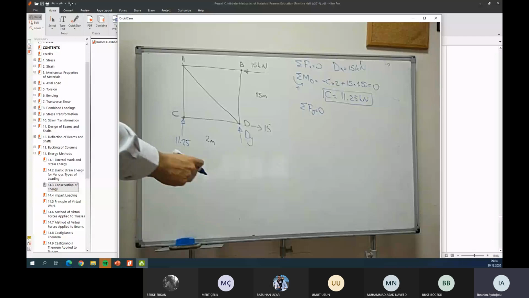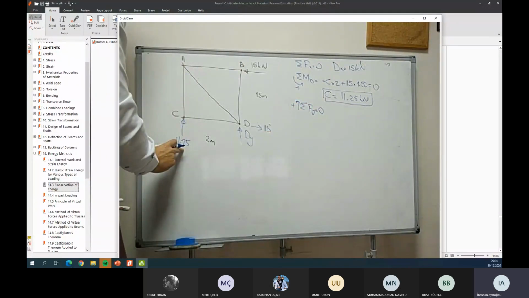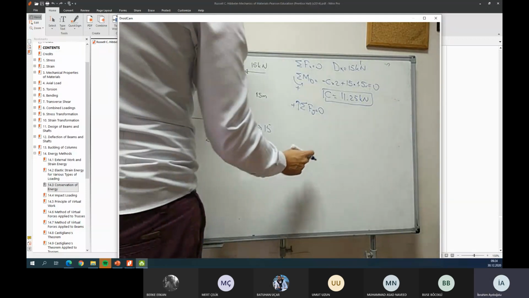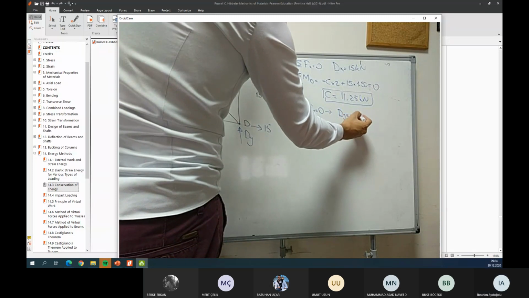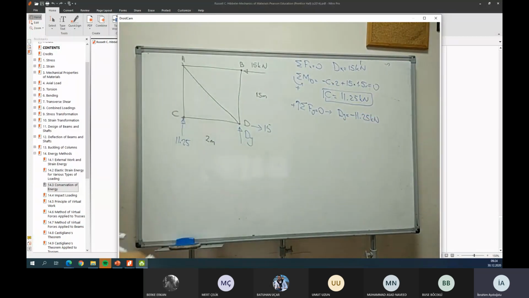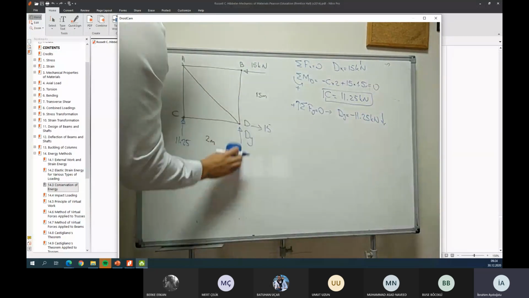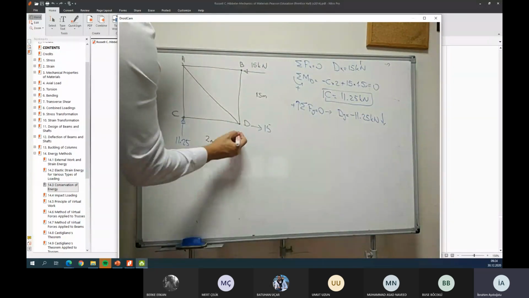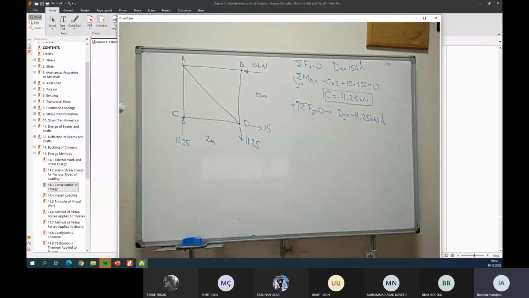Taking this direction as positive, with just this force and this force, I found Dy is equal to minus 11.25 kilonewton. Minus means that the direction is downward. Therefore, I change the direction and write this value as 11.25 kilonewton. So I found the two external forces, or reaction forces.